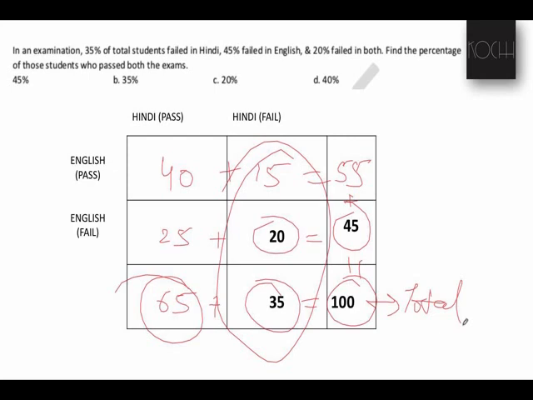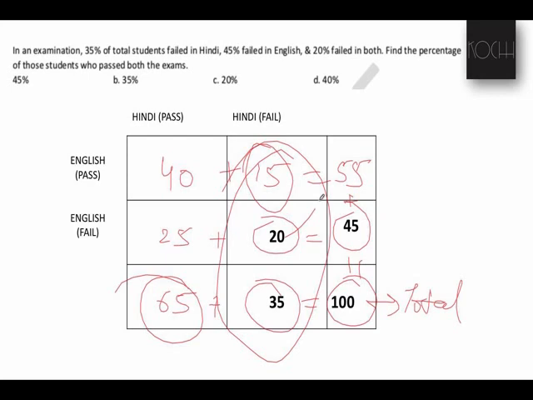Now out of the 35%, there are some students who have passed the English exam and there are some students, 20%, who have failed English. So this 35% who failed in Hindi include both who have passed, which is 15%, and who have failed, which is 20%. Okay, so just add the grid vertically and horizontally, you will get all the answers.